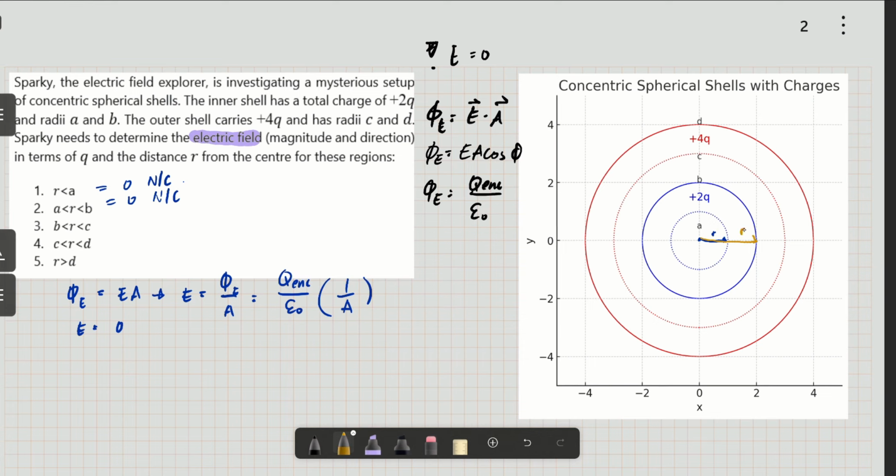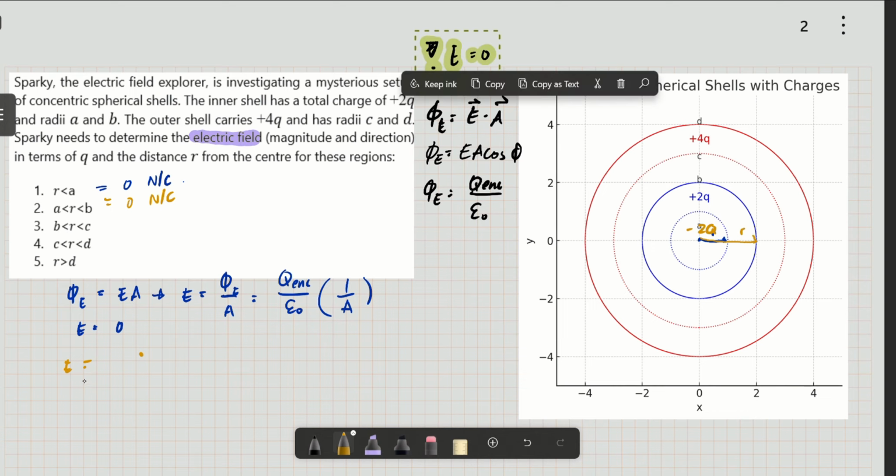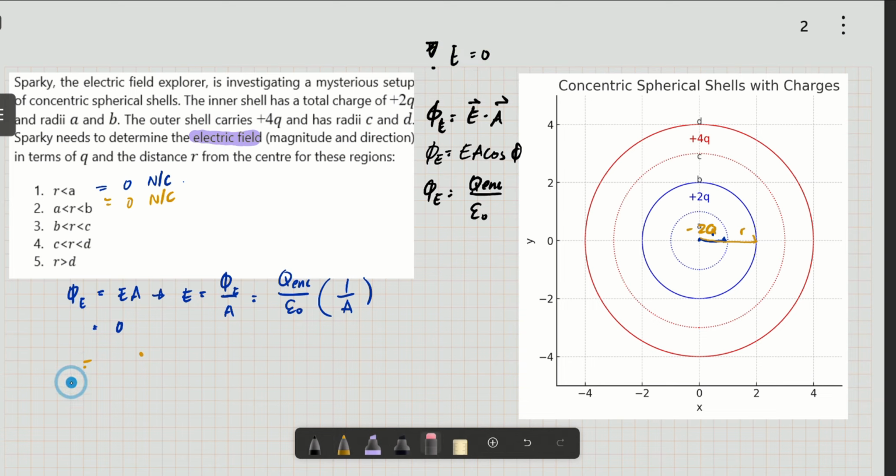This is our r, and it is the same thing: E is equal to Q enclosed, which here is still 0. You have 2Q here, and this would be negative 2Q, cancelling each other out. So 0 divided by epsilon naught times something would just be 0. So for 1 and 2, they're both 0 newtons per coulomb.